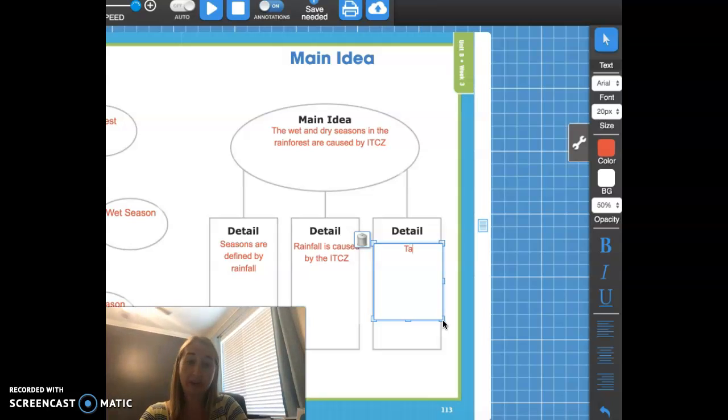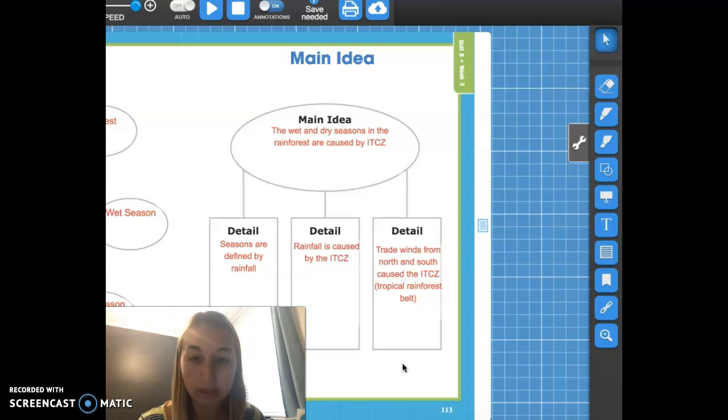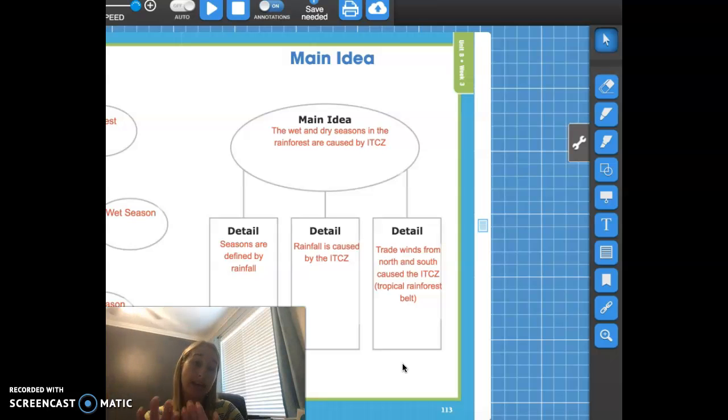So, trade winds from north and south cause the ITCZ. You don't have to write this, but that is the tropical rainforest belt. You don't have to write that last part in the parentheses, but just so you know, the ITCZ is that tropical rainforest belt that goes around planet Earth.